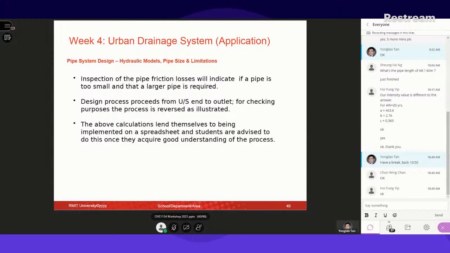The calculations can be implemented in a spreadsheet, but you need to understand the process. In the assignment, the template of the spreadsheet is provided, but you need to understand the process and determine the values of each cell in the spreadsheet.